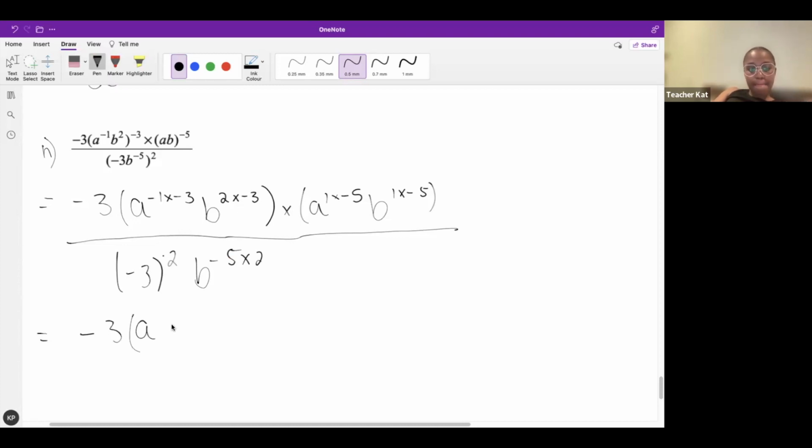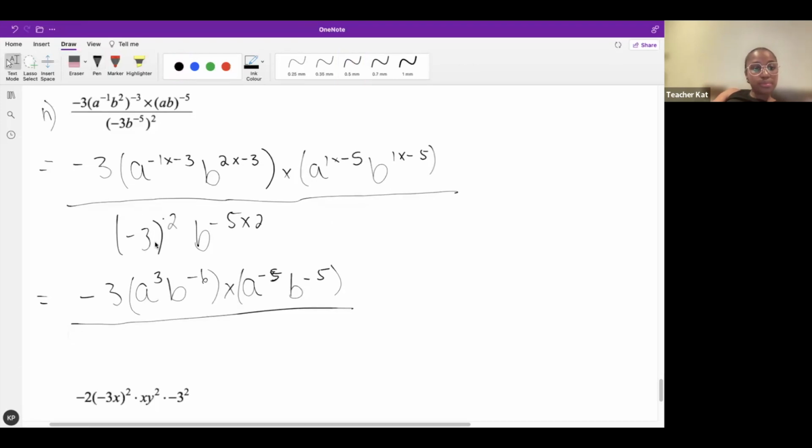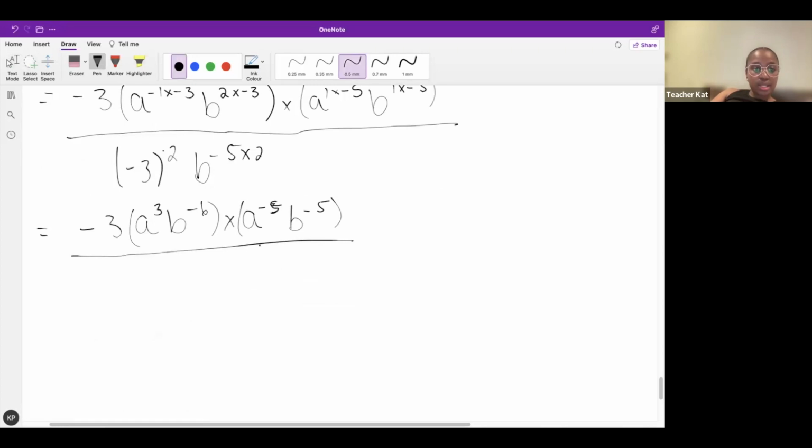It's a to the power of +3 and b to the power of -6 times a to the power of -5 and also b to the power of -5, all over -3 squared is how much? -3 squared is 9. +9, and we have b to the power of -10. Whew. Okay, now we have done all the distributions.